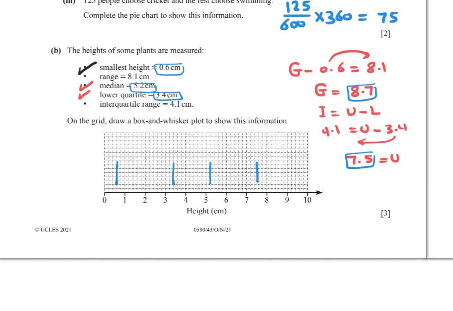Now the greatest value 8.7, so this is 8.7. Now the box and whisker: lower and upper quartile and median is better drawn with a ruler. And join this box with the least value and with the greatest value.